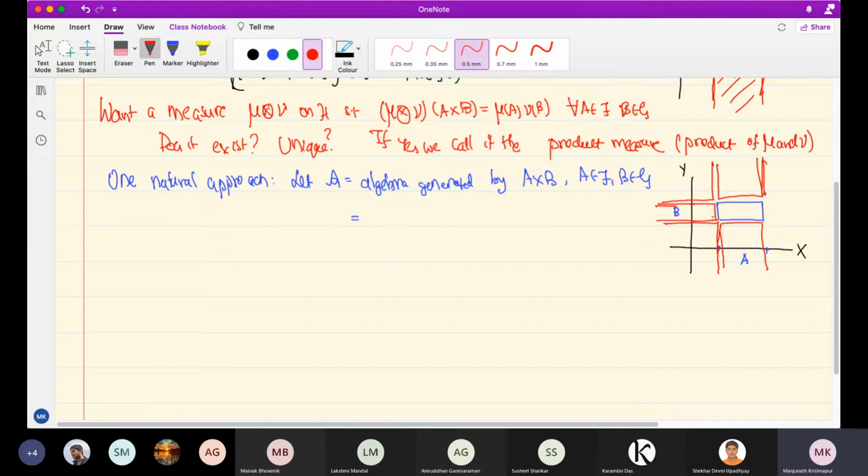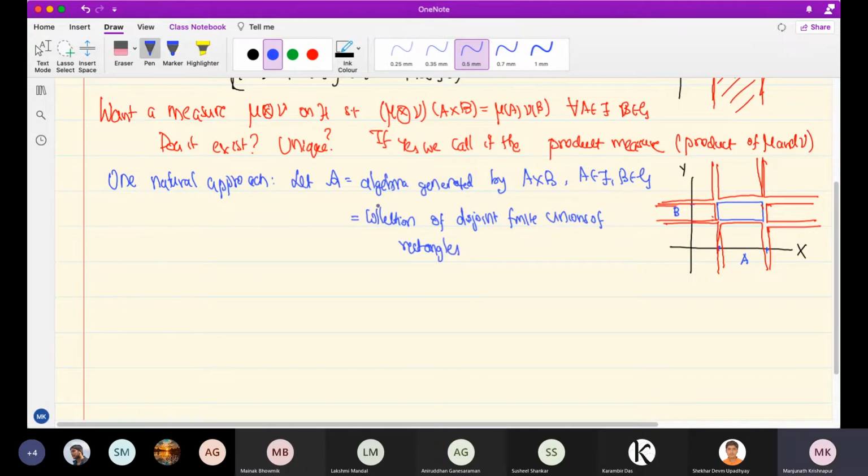Therefore, the algebra generated by these rectangles is just the collection of finite disjoint unions of rectangles. So you can write this algebra as the collection of disjoint finite unions of rectangles.